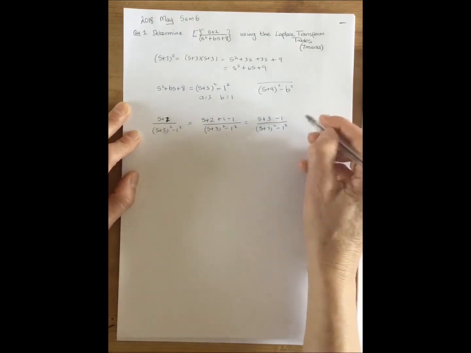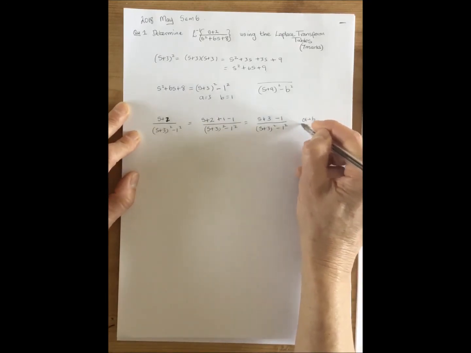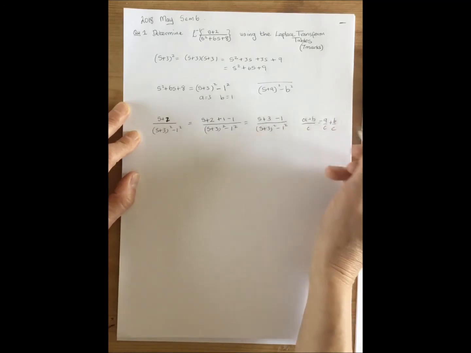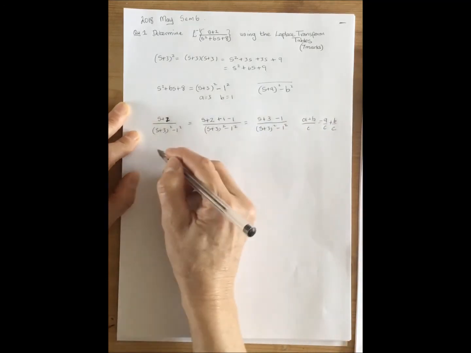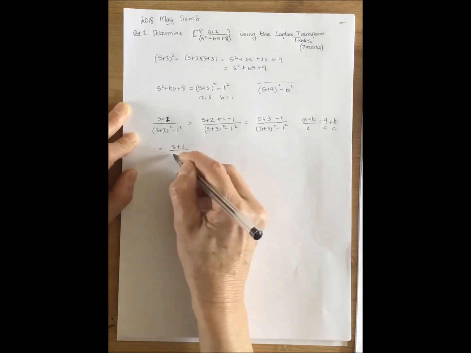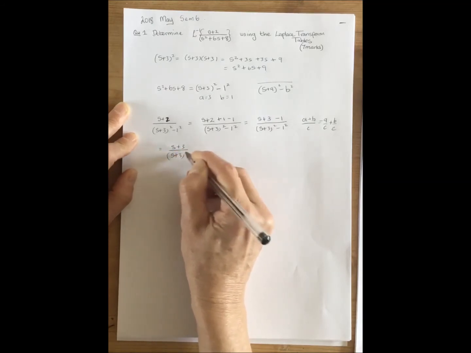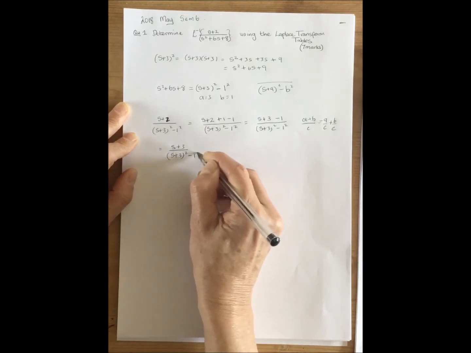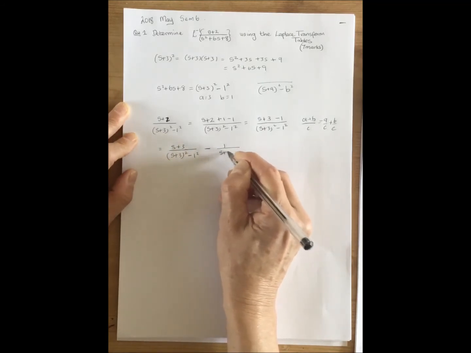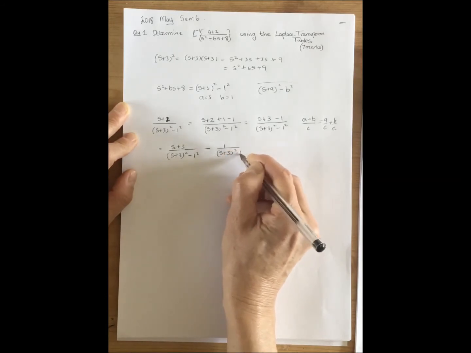Now I can split this, as you can split a plus b over c, that's the same as a over c plus b over c. So I can split that into s plus 3 over s plus 3 squared minus 1 squared, minus 1 over s plus 3 squared minus 1 squared.